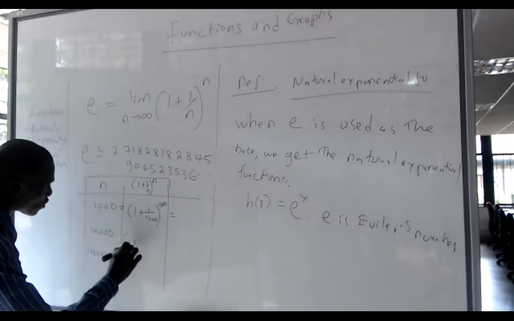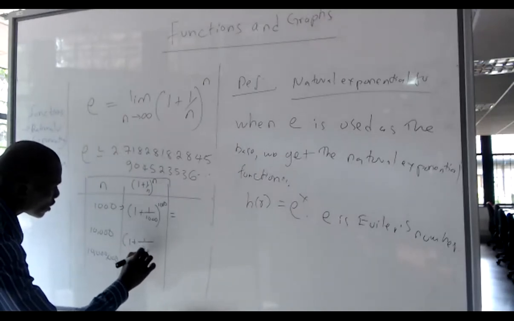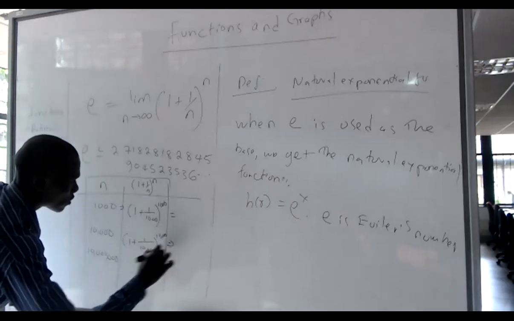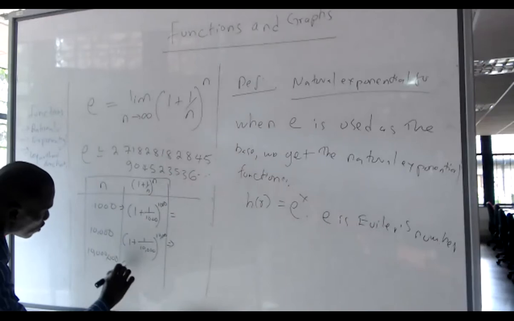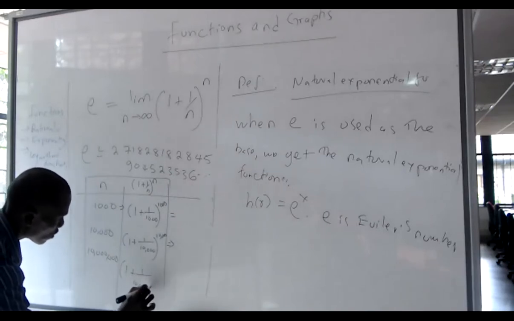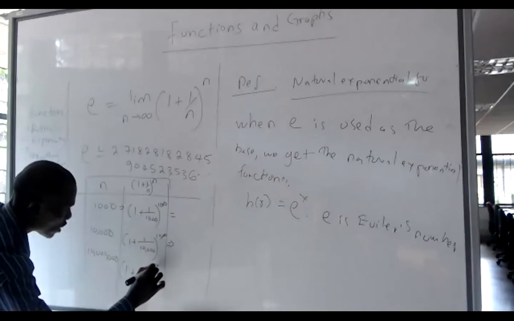Someone else compute 1 plus 1 divided by 10,000, all of this raised to 10,000. And then lastly, we'll have 1 plus 1 divided by 10 million, all of that raised to 10 million.